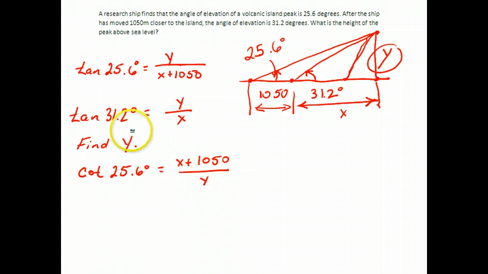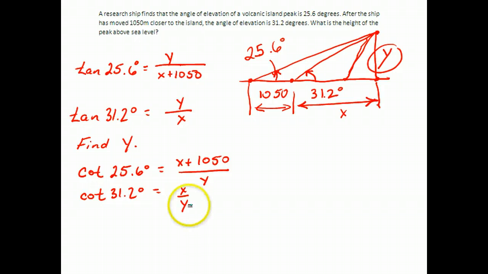Because it's cotangent here, I'm going to do the same to the other one. Cotangent of 31.2 degrees is equal to x over y.